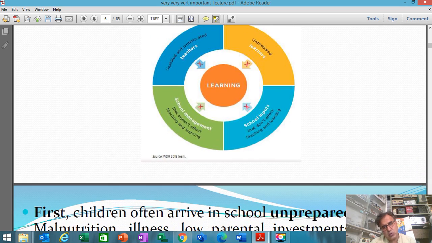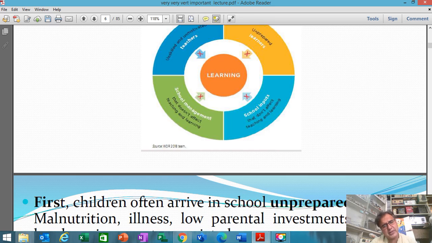Then there is school management that does not affect teaching and learning. Sometimes management, even at universities, schools, and colleges, is least concerned with that, so learning will certainly be affected, and school inputs that do not affect teaching and learning at all.